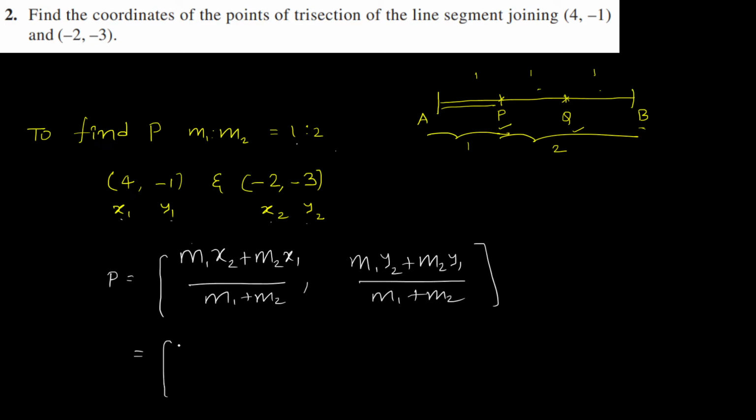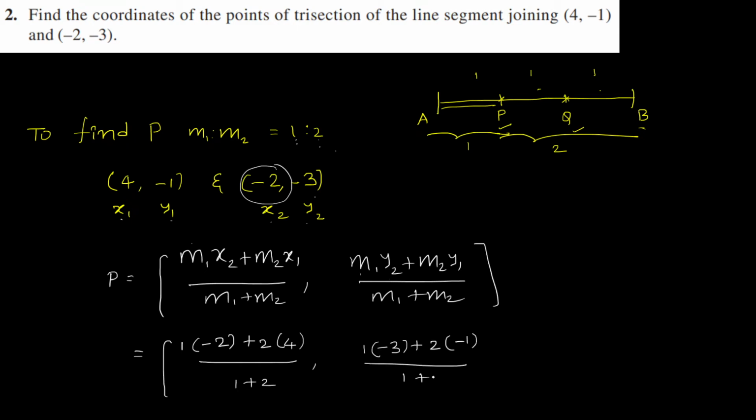m1 is 1 into x2, x2 is -2, so 1 into -2, plus m2 is 2 into x1 is 4, by m1 plus m2, that means m1 is 1, m2 is 2. In the same way, m1 is 1, y2 is -3, plus m2 is 2 into y1 is -1, by m1 plus m2.